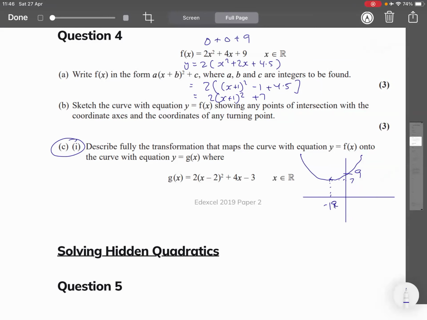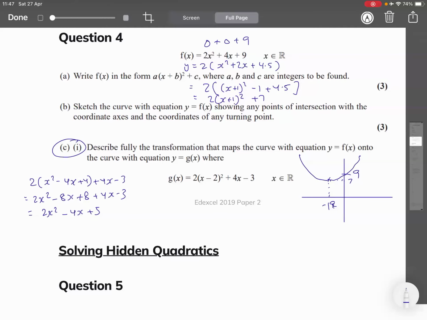So if we expand this, we get 2x squared minus 4x plus 4 plus 4x minus 3, which is 2x squared minus 8x plus 8 plus 4x minus 3, which is 2x squared minus 4x plus 5. Now we complete the square of this.